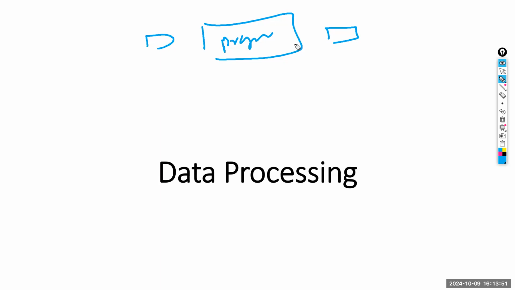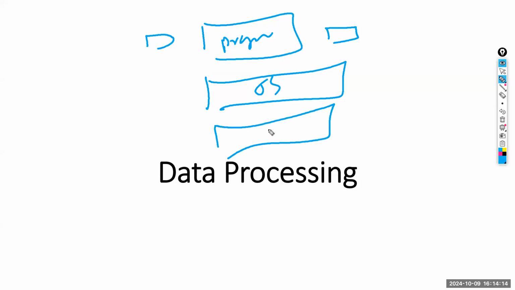But remember, the application software is under the control of the operating system. The operating system's task is to get the processing specified by your programming language done through the hardware. So the operating system will coordinate between the application software and hardware with the help of firmware.